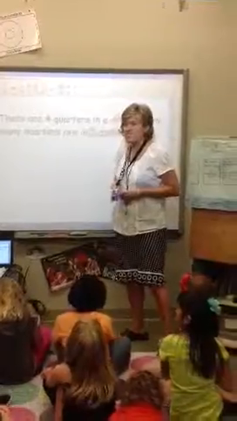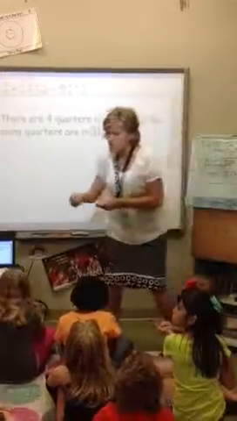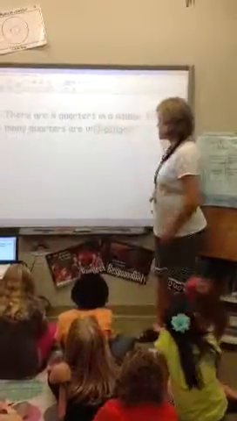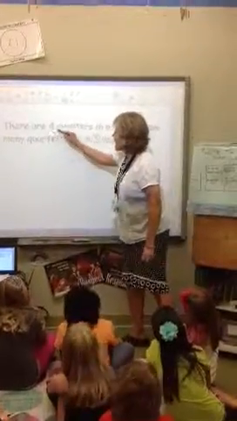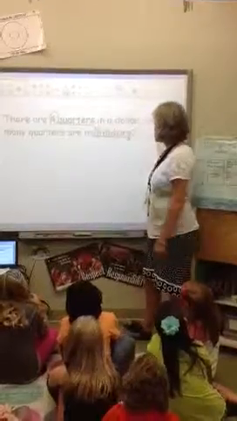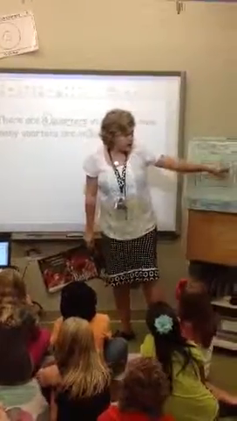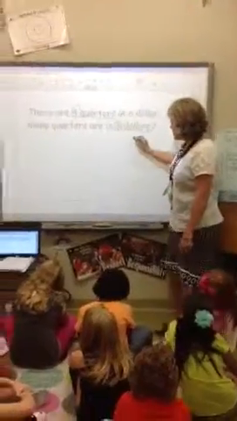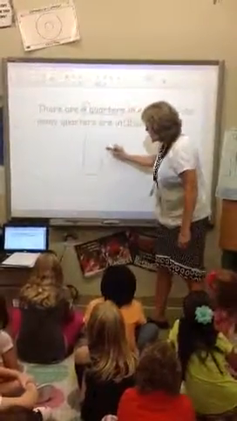Zeke, you are being such a fabulous listener. Thanks for being so respectful. 4 quarters in a dollar. Shh. Now I'm going to represent my groups and my items. So I saw $3 in my head.